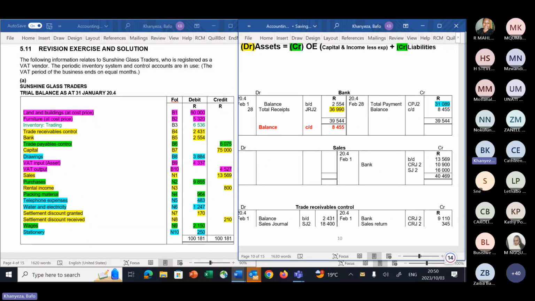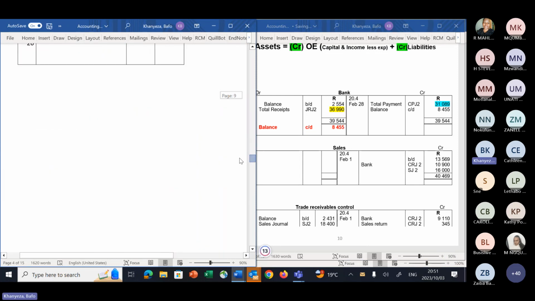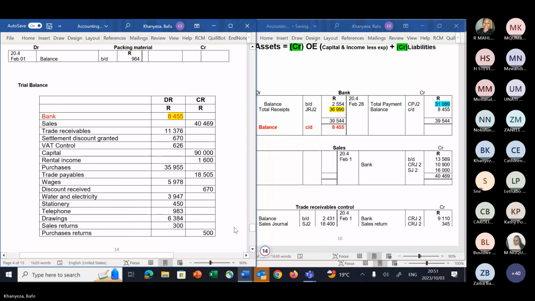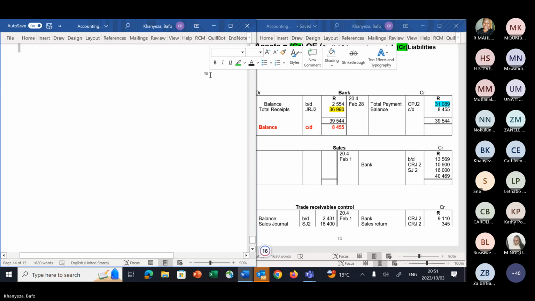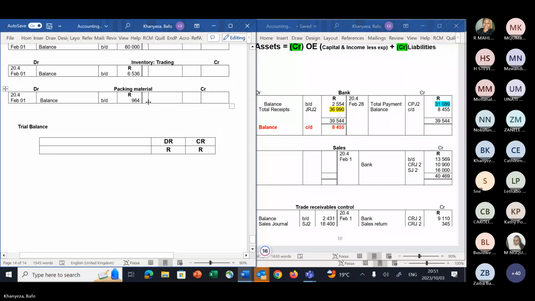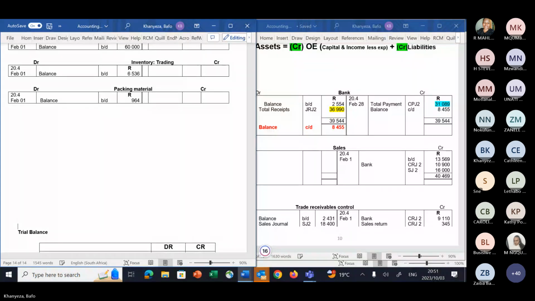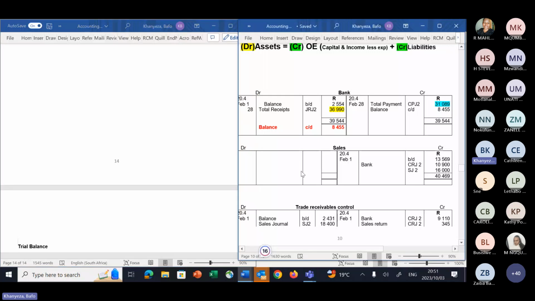So let's then do the trial balance. I think it will take us around 5 minutes, then we would be done. Let's do that. Trial balance.